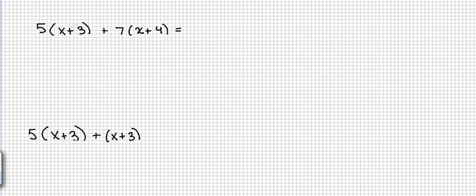The reason we can't, before I actually get into the rigorous showing you how to do it, it's not really a proof, so I don't want to use the word proof, but to show you why we can't simplify this anymore, at least with the skills we have right now, is because we have different bases. So this won't be able to be simplified in terms of x plus 5, in terms of x plus 3 and x plus 4. So we'll show that by expanding it, we can't combine them.